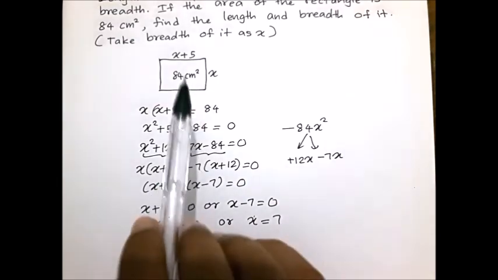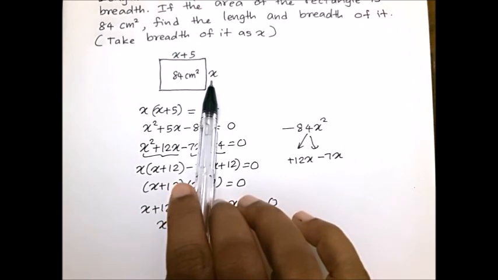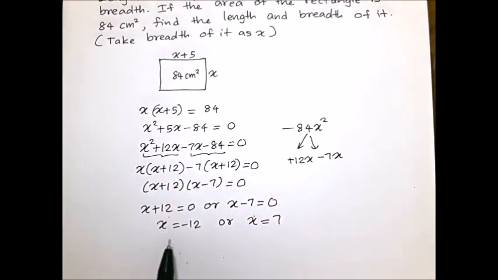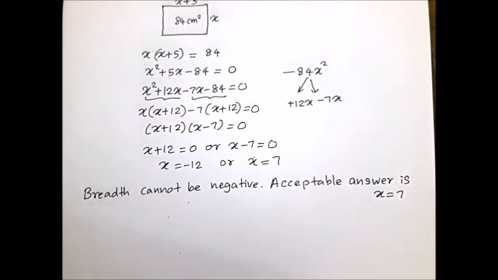But here we take x as breadth. You can't take a negative value for breadth. We can't say breadth is minus 12. So you have to select the positive value. It is the acceptable answer. Here we accept only 7 as x. Reject this one, the negative value.